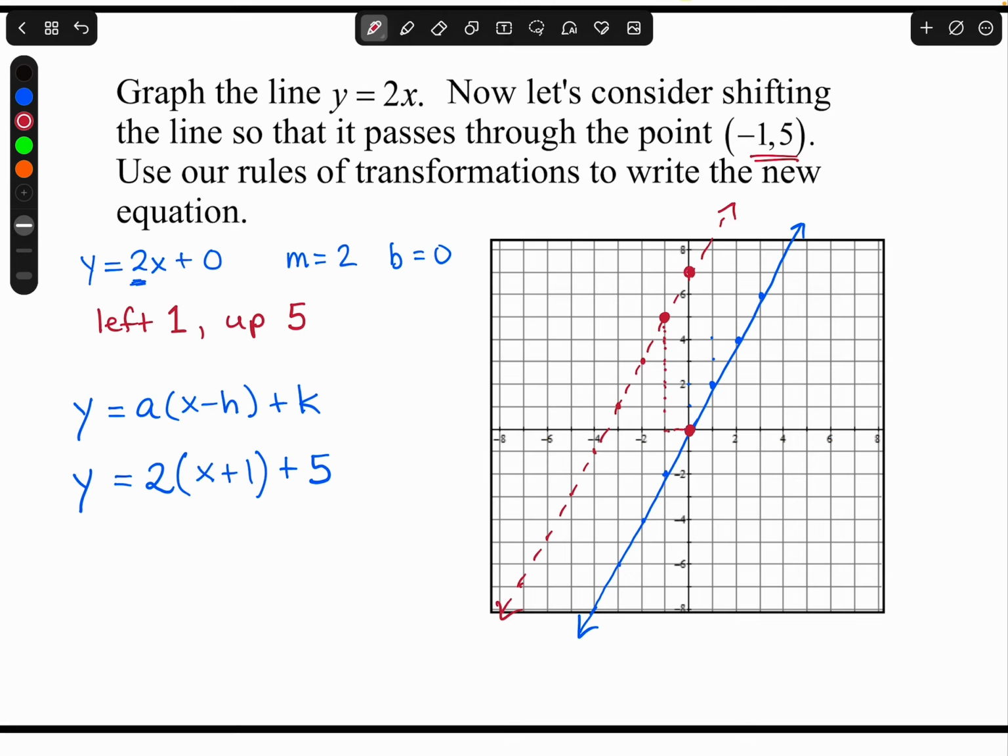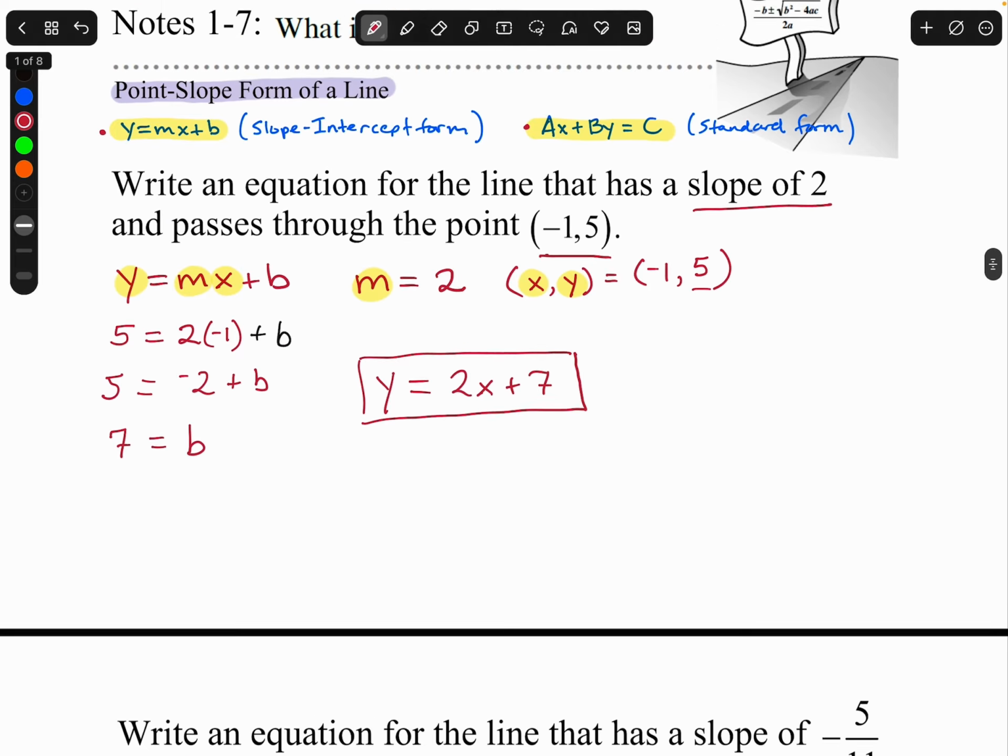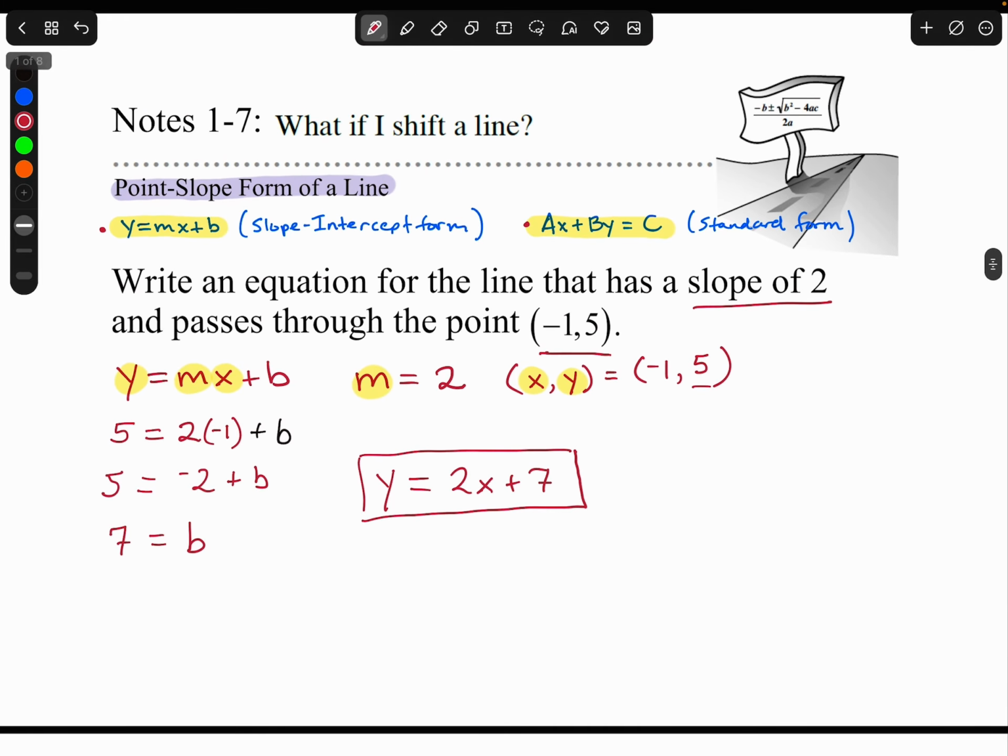Okay, so if you're looking at it and trying to figure out what the equation of that line is, you can see right here that it has a y-intercept of 7, and it has that slope of 2. Just like the equation we started with at the beginning. Does this all look familiar?